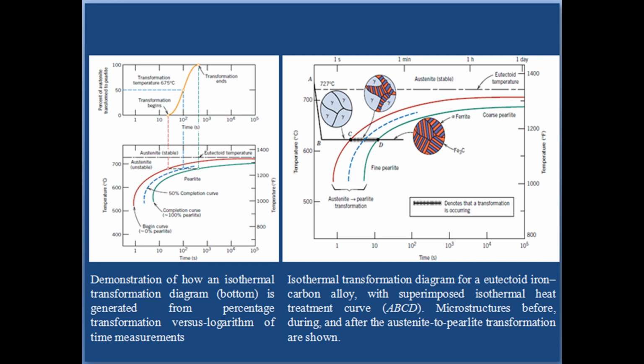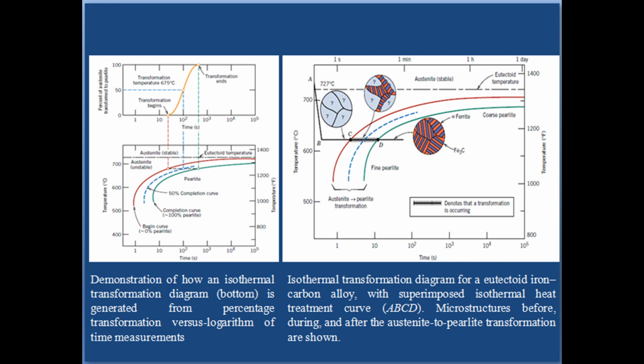An actual isothermal heat treatment curve ABCD is superimposed on the isothermal transformation diagram for a eutectoid iron-carbon alloy shown in the second figure. Very rapid cooling of austenite to a given temperature is indicated by the near vertical line AB, and the isothermal treatment at this temperature is represented by the horizontal segment BCD.